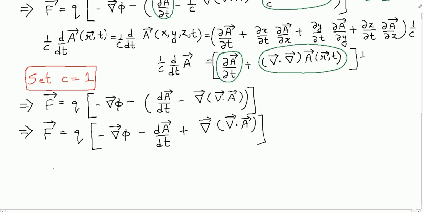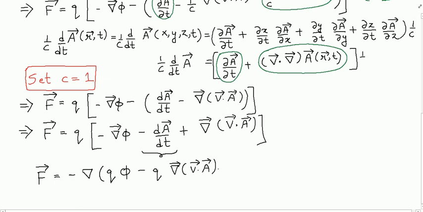Now what does this expression look like? If for a moment you ignore this one, then don't you think that this Lorentz force F looks like minus gradient of, let's see, q phi minus q, this gradient acting on v dot A. And I know that there is a minus dA by dt term, but if I just ignore that for a moment just to build up my intuition, I see that my force can be written as a gradient of such a term, and this is a potential U that I can happily put in the Lagrangian.